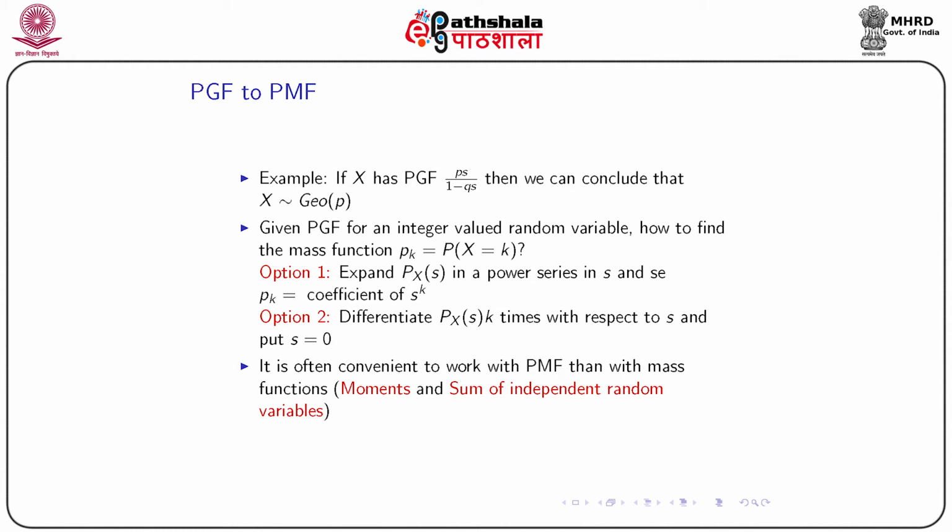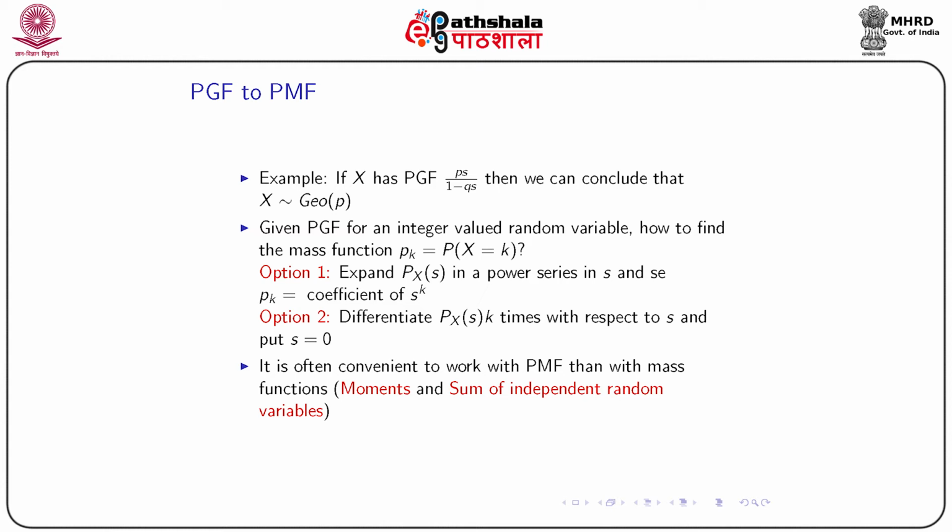Seeing this form, we can immediately conclude that the random variable X follows a geometric distribution with parameter p, where q is equal to 1 minus p. Now given the PGF for an integer valued random variable, how do we find the mass function? This is the next job. Once we identify the function, how do we find the mass function?